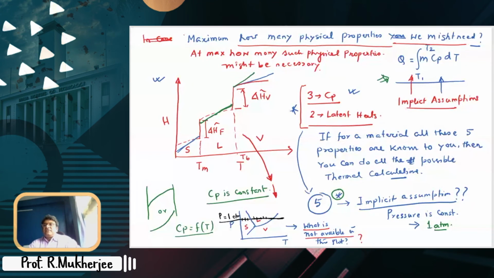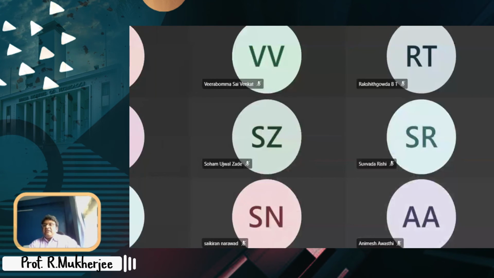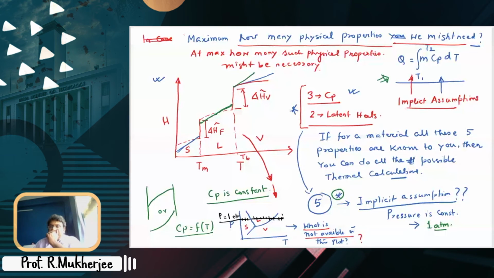All you are doing is you are looking at the enthalpy values at this temperature. Is it clear? So in fact, this line, along with the enthalpy values, gives you this plot. Is it clear to all?